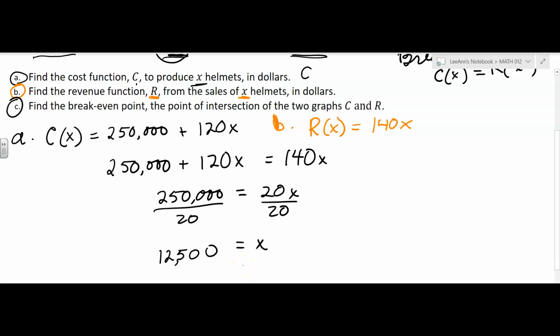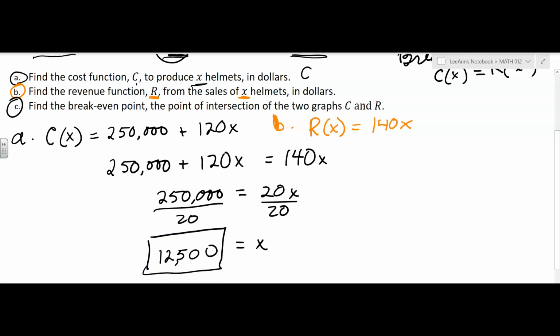Wow, that's a lot of helmets to sell. But we weren't charging very much more than the 120 to make the helmet. We were only making $20 off of each helmet. So we need to sell a lot of helmets to make money. We have to sell 12,500 helmets just to break even.